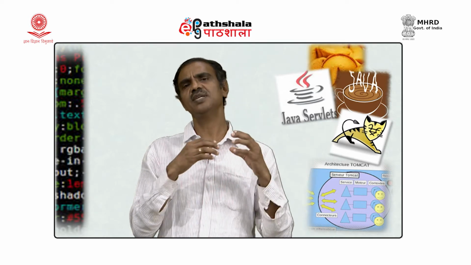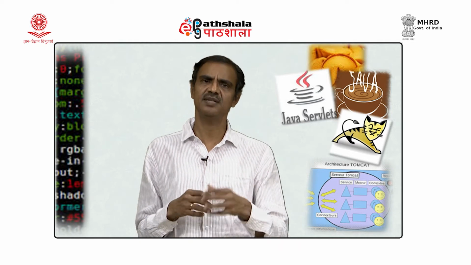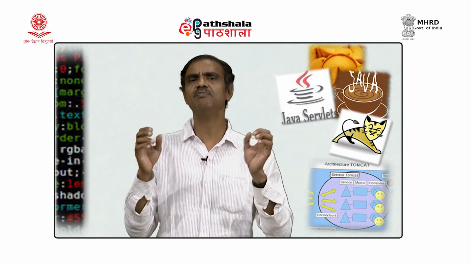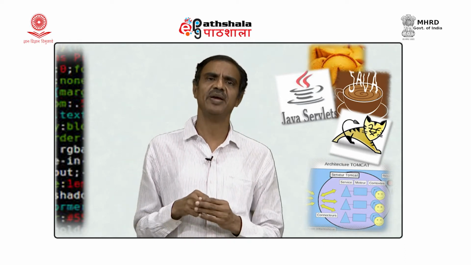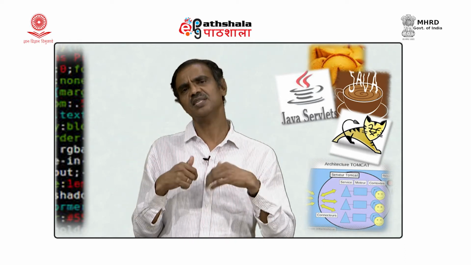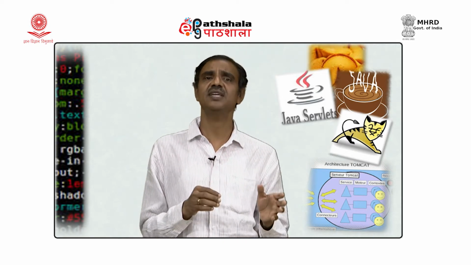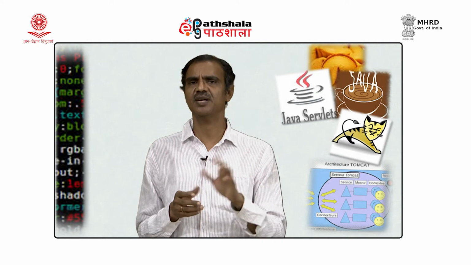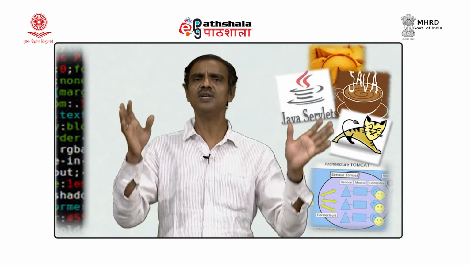We discuss JSTL, and along with it a very simplistic way of using objects within our JSP page, known as the expression language or EL. So, JSTL and EL are covered in those subsequent modules.